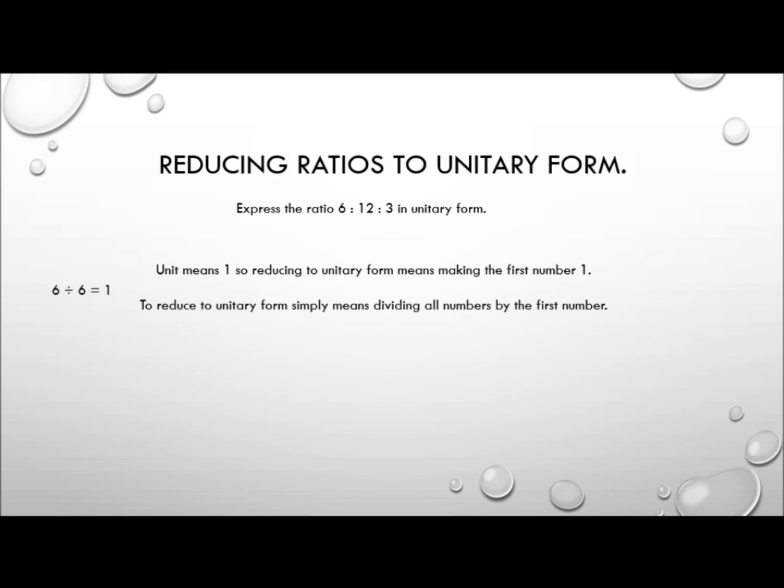So 6 divided by 6 is 1, 12 divided by 6 is 2, 3 divided by 6 is a half, or 0.5. So 6 to 12 to 3 reduces to 1 to 2 to 0.5 when it's in unitary form.